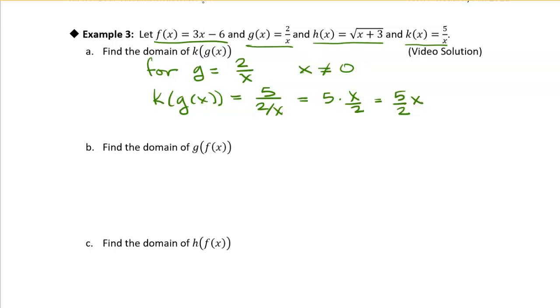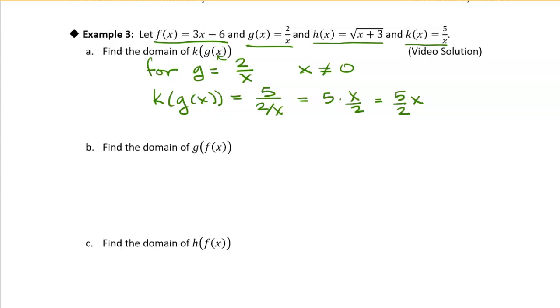For that, there's really no restriction. x can be anything when we compose k of g of x. So the only restriction on x is due to the domain of g of x. Just remember that in this case we're doing k of g of x, so the x values have to be in the domain of g of x, and then the g of x values have to be in the domain of k of x.